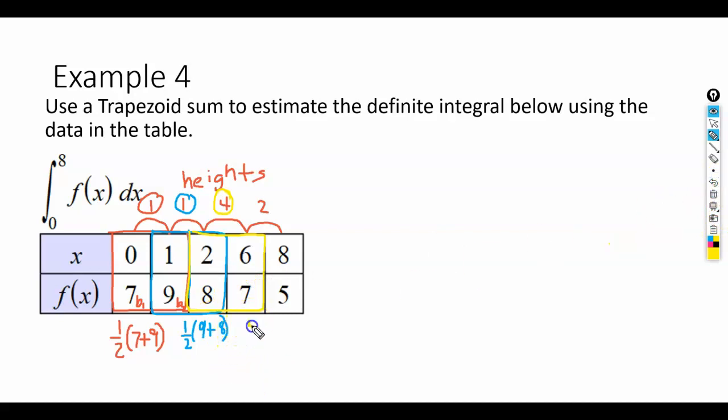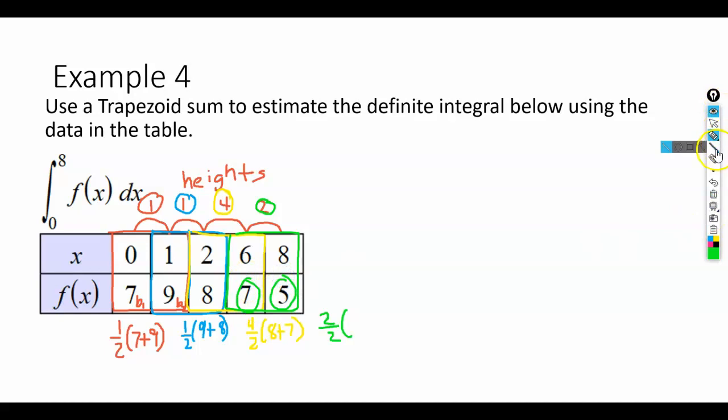So my next one is going to be height over 2 multiplied by the sum of the bases. And then we got one more. We're going from x equals 6 to x equals 8. That one has a height of 2. So it's going to be height over 2 times the sum of the bases.